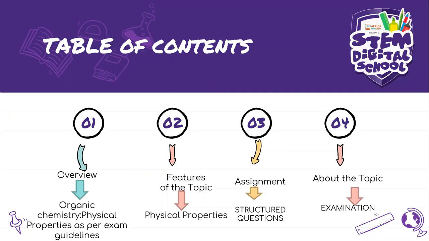Then, secondly, in features of the topic, that is where we are basically going to learn physical properties. We will just go deep into it and learn the theory behind it. And then for our assignment, we will look at a question, just one for now, on physical properties to really concretize what we have learned over the course of this particular lesson, to see if we really understood what we have learned.